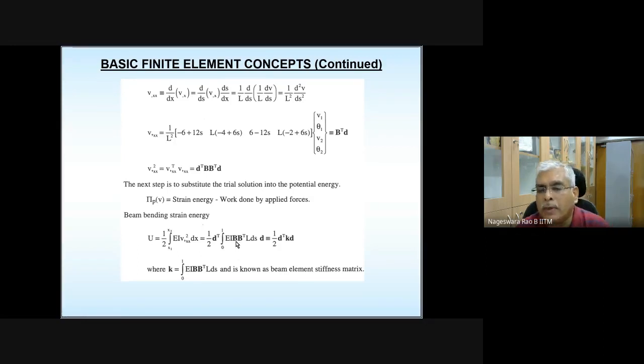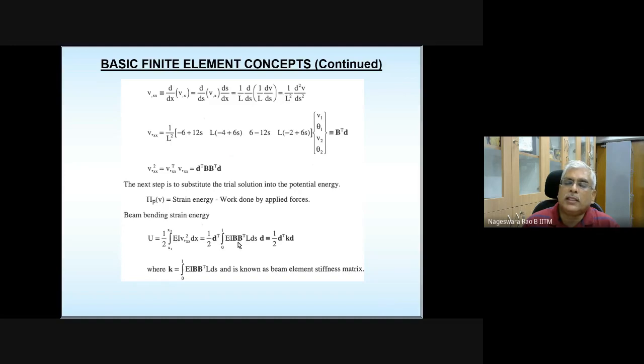So when you want to implement it in a computer code, this is where you need to use numerical integration. Limit going from 0 to 1, some polynomial is there, and the order of the polynomial you can easily check. B is linear here. All the terms in B are linear. So when you take B transpose, you are going to get a quadratic polynomial. And when you are implementing in computer code, you can use numerical integration.